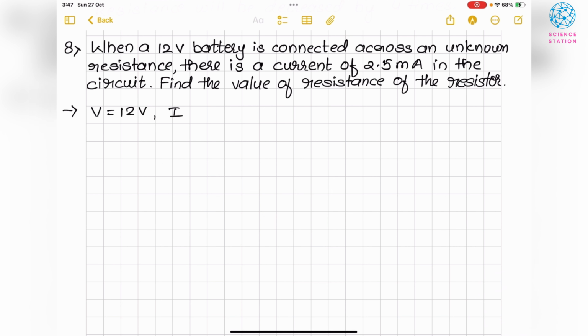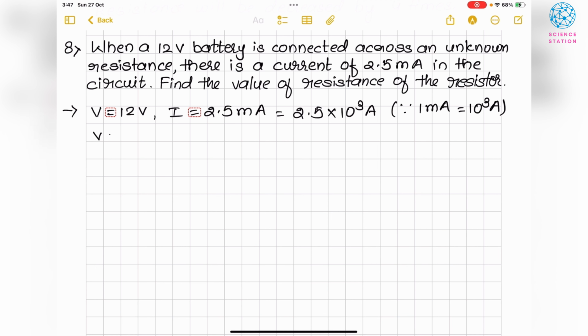I is given as 2.5 milliampere. So that will be 2.5 into 10 raised to minus 3 ampere, because 1 milliampere equal to 10 raised to minus 3 ampere.